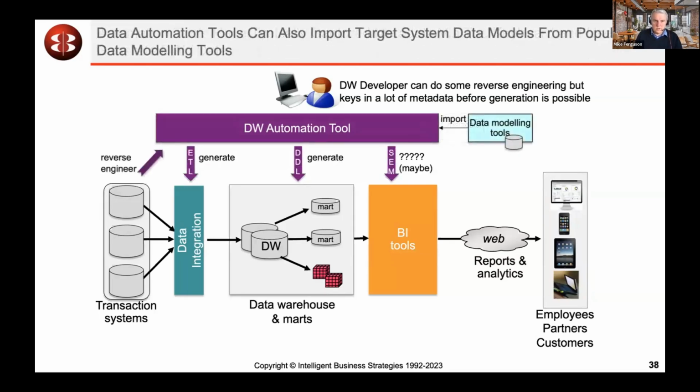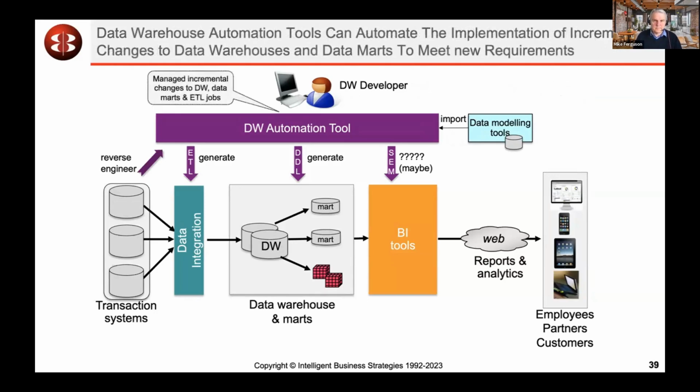And of course, over time, we've seen integration with data modeling in order to be able to import data models for your data warehouse and data marts, to do automatic reverse engineering out of source systems to understand what data is over there as well, and therefore not have to key in all the metadata, but get some of it in an automated fashion.